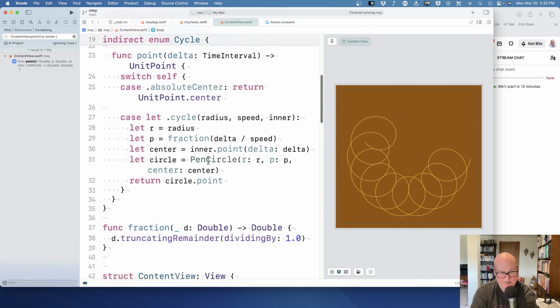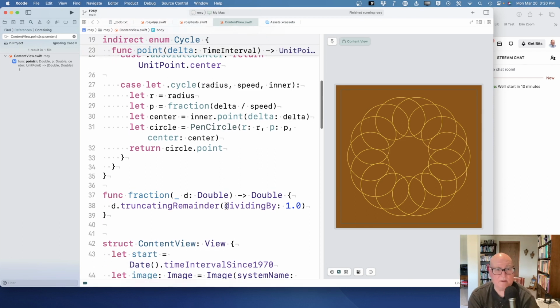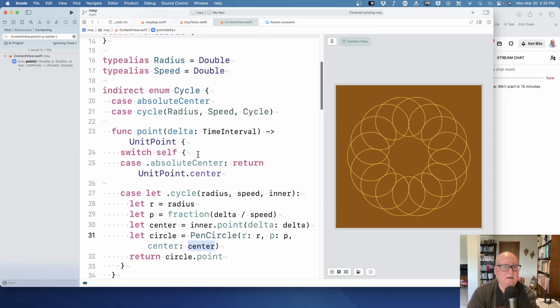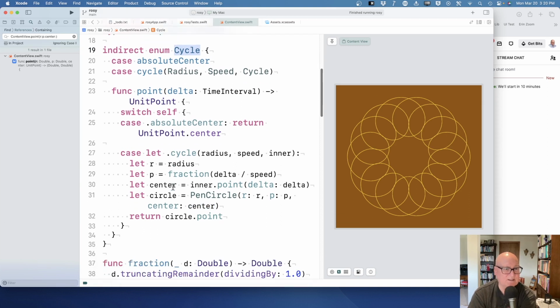Because somehow you have to... Let's see. The structure is going to be unit point is the first thing created. Then the next circle. Then the next circle. Okay. So you're doing the inner... Center is the inner point. Okay. All right. So now let's set it up. We haven't used cycle yet, so let's make one.